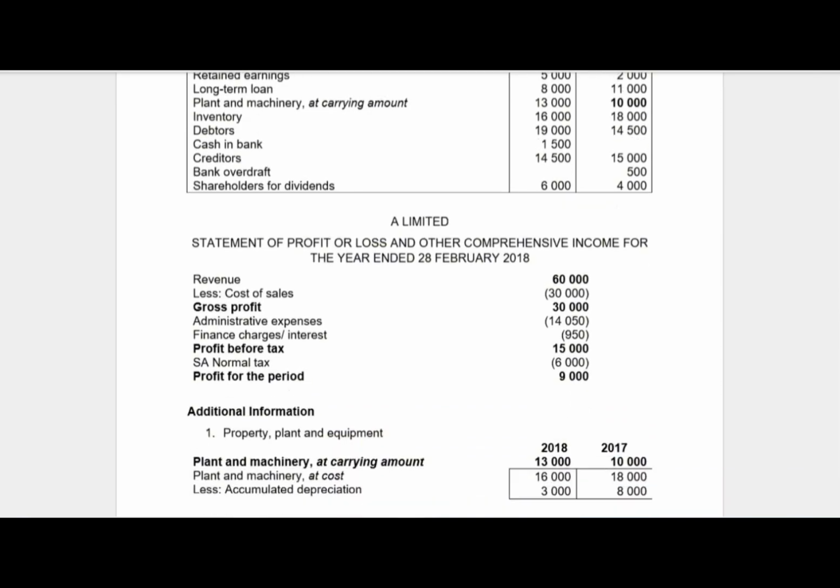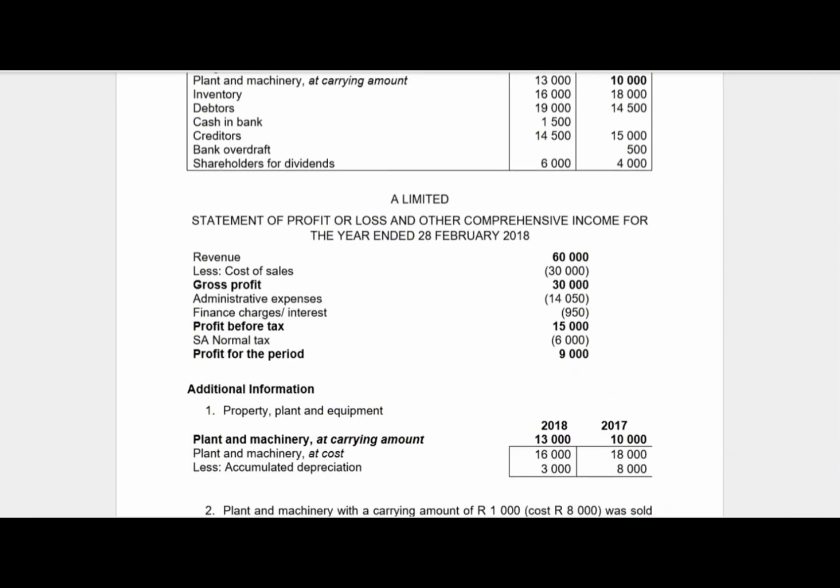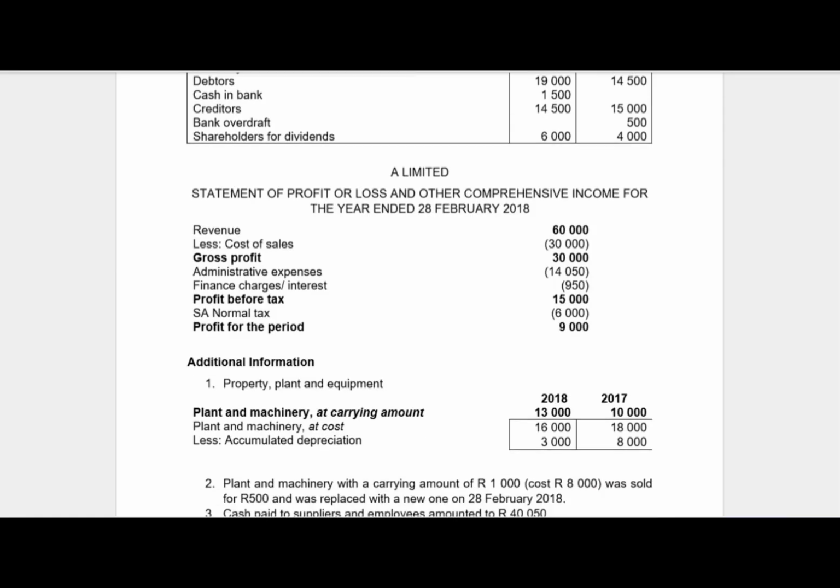We are also provided with a statement of profit or loss and other comprehensive income for the year ended 28 February 2018. They provided us with revenue, cost of sales, gross profit, and all those other items right there.